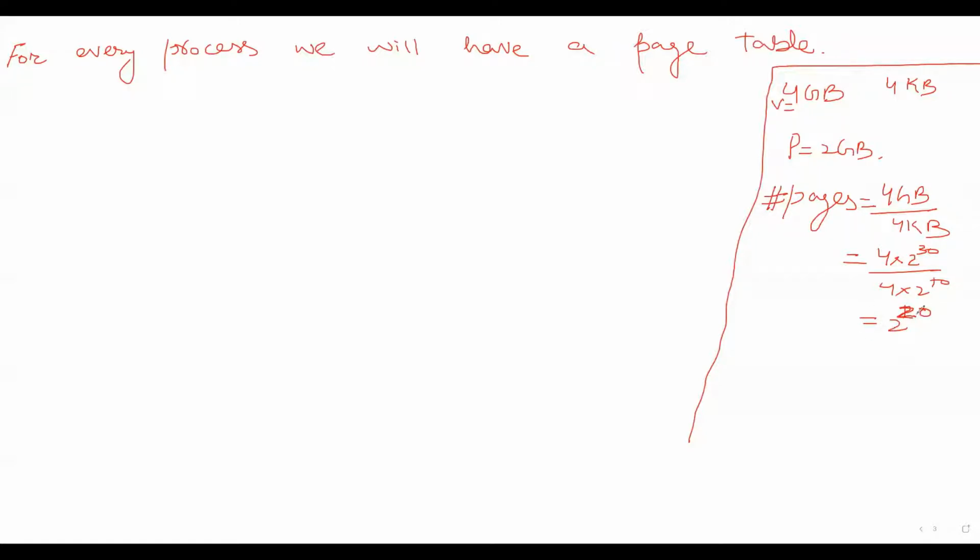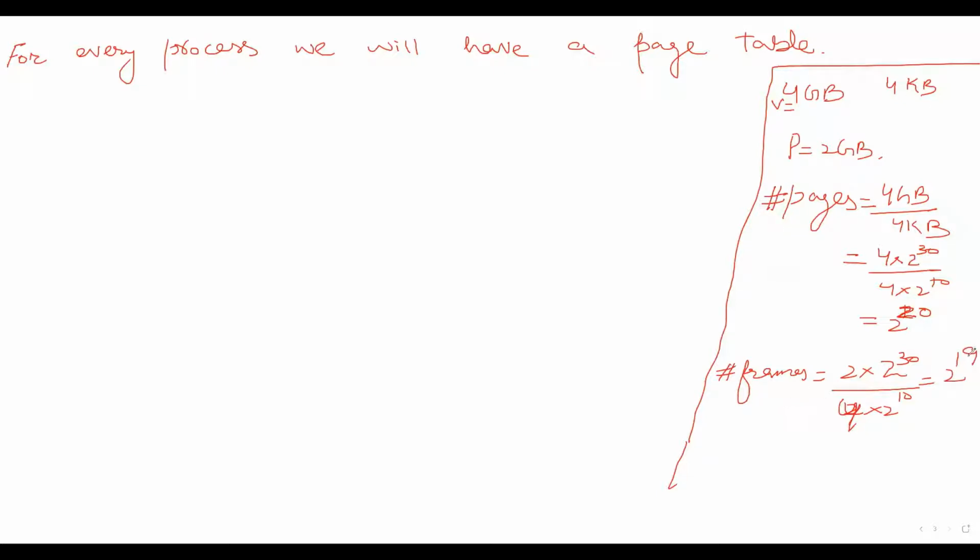Fine. So 2 raised power 20 pages are there. And how many frames will be there? The frames will be 2 raised power 30 divided by 2 raised power 10... so it is 4 KB, 4 into 2 raised power 20, it is 2 raised power 19.